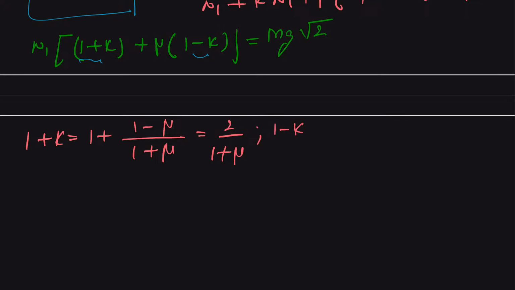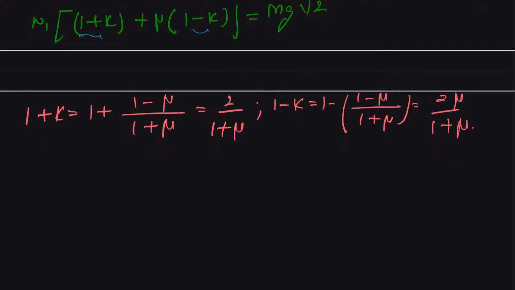Similarly, 1 minus k will be equal to (1 plus mu) minus (1 minus mu) upon (1 plus mu), so 1 and 1 cancel out, and this comes as 2 mu upon 1 plus mu.